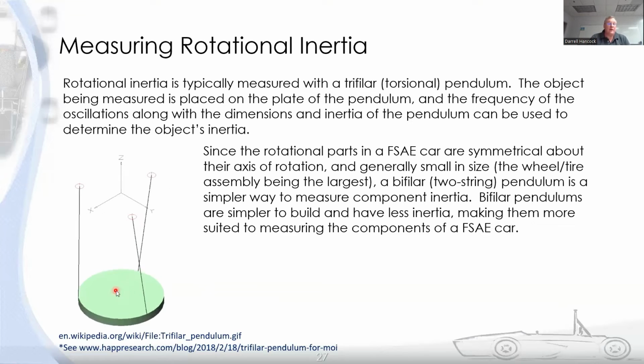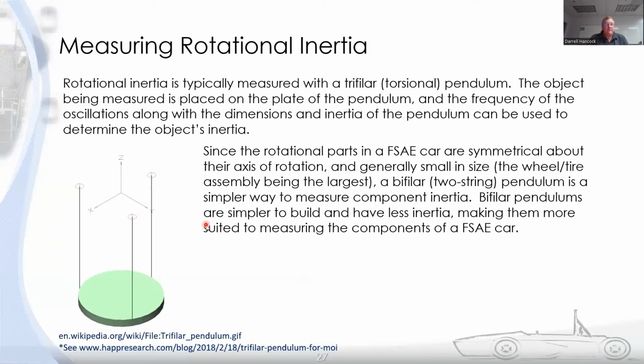So you would first measure the inertia of just the platform with nothing on it, then place your part on it, measure the combined inertia, and subtract off the platform inertia to get your part inertia. If you were going to measure the yaw inertia of your entire car, this would kind of be the way to do it. You would have a very large platform, big enough to park your car on, and some pretty robust cables to suspend it from, and something pretty strong to hold the weight up and let it turn.